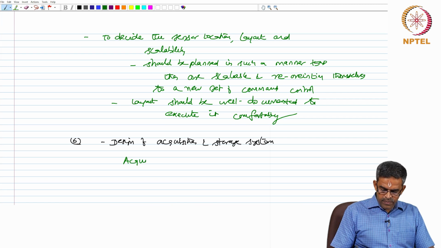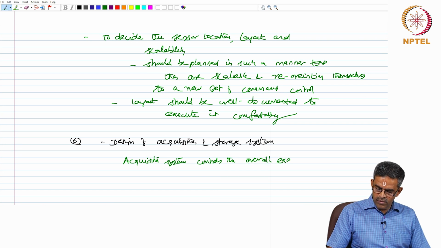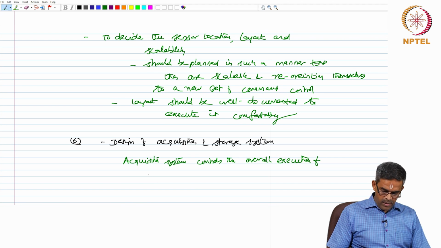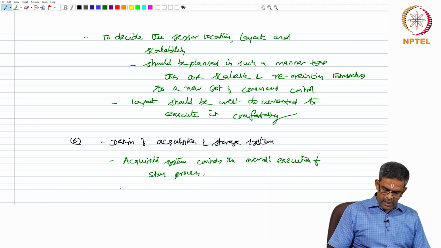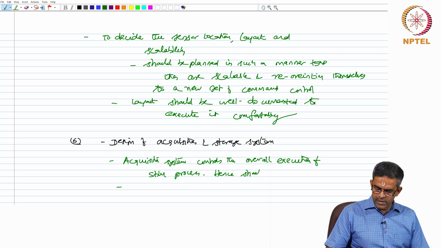Acquisition system actually controls the overall execution of structural health monitoring process, and hence should be carefully designed.